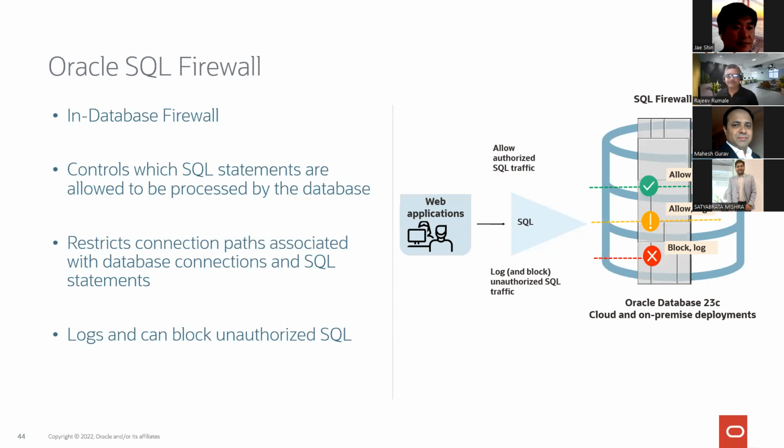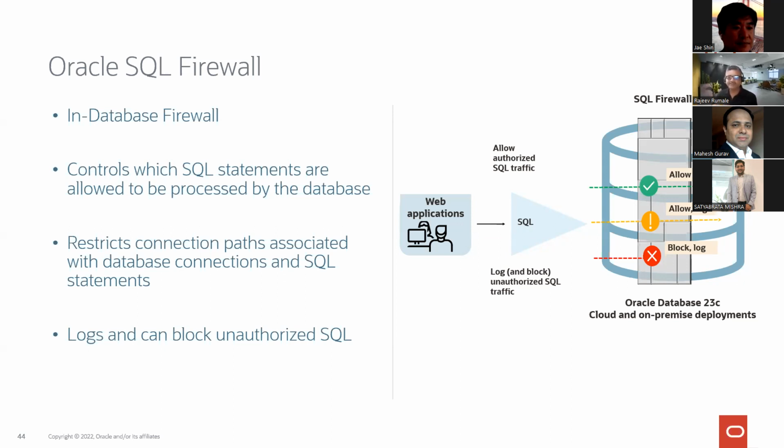So what it does is it basically recognizes the SQL, whether it is a normal SQL or an unusual SQL, right? Imagine you have an online application or a banking application, your application may be making millions of queries, right? But those are fixed queries, just changing the bind variables, like which user, which account number, what product kind of thing, right?